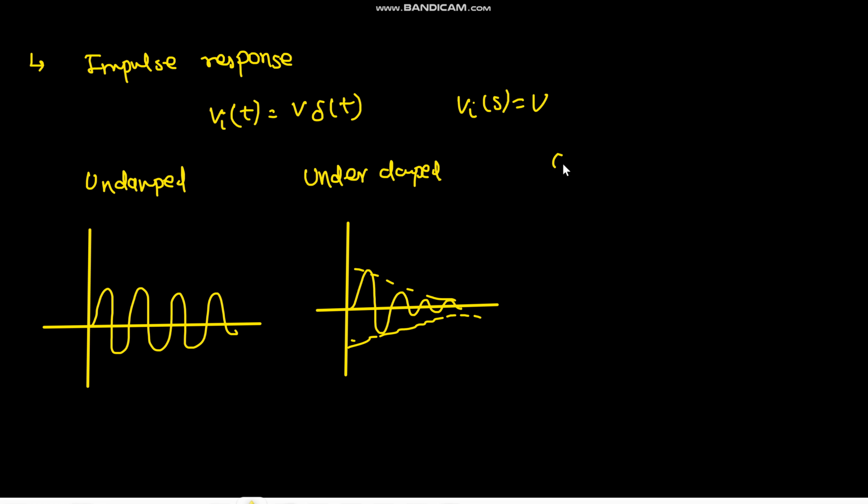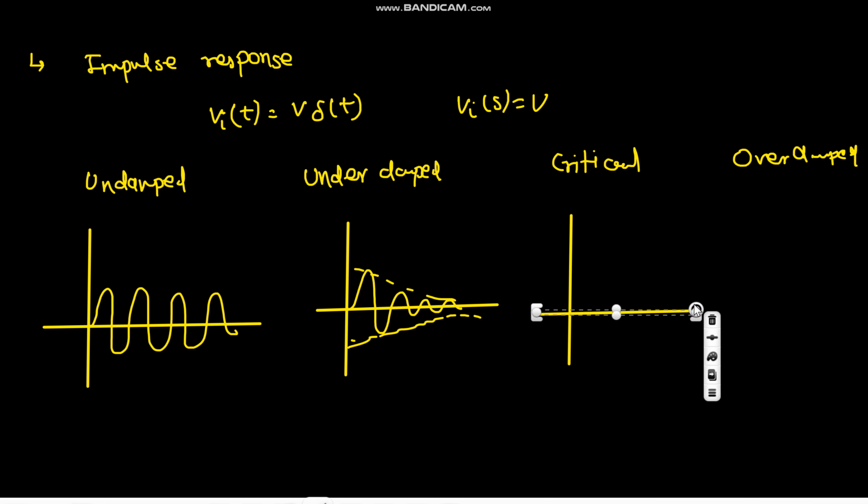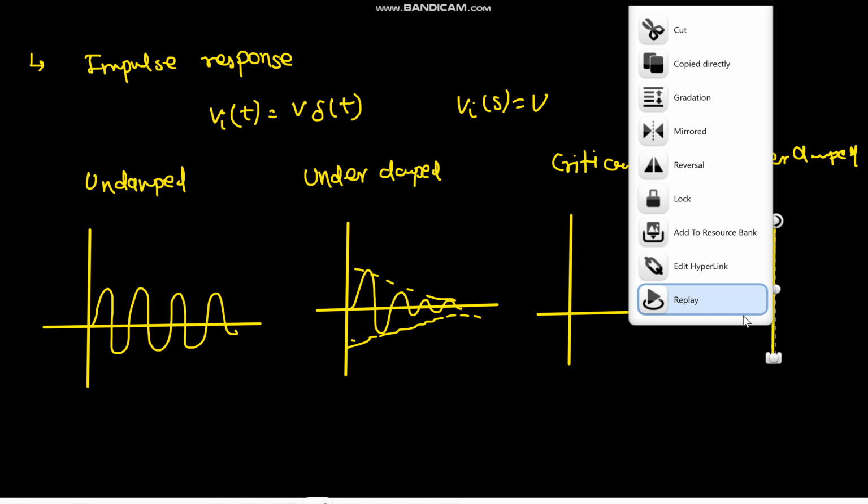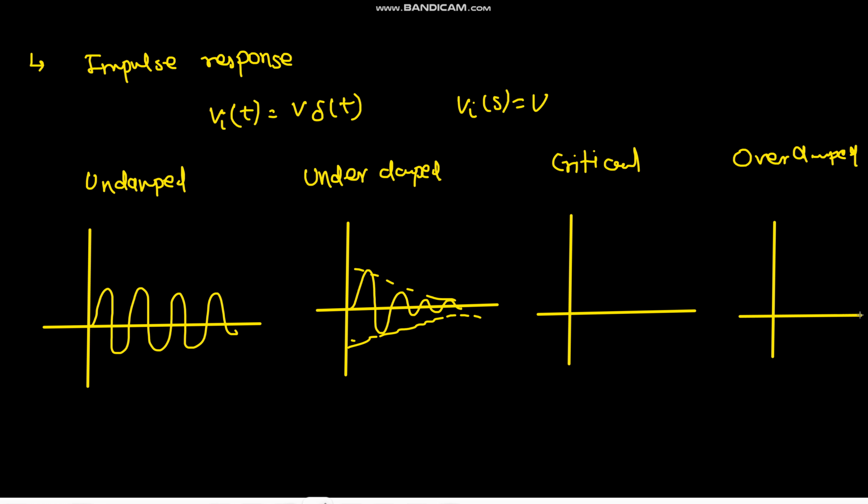And for critically damped and for overdamped, critically damped zeta is equal to 1, and for overdamped zeta is greater than 1, the pole zero locations are the same.